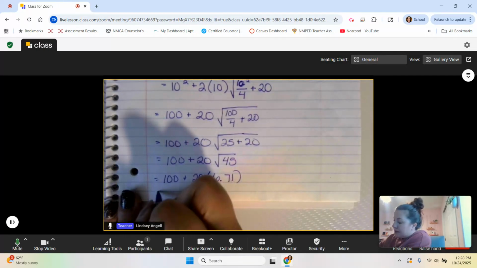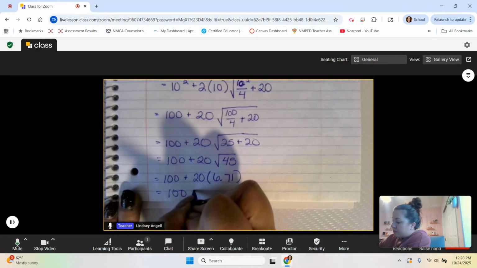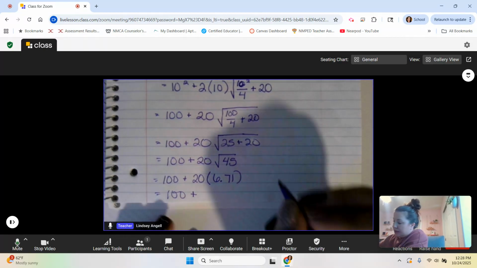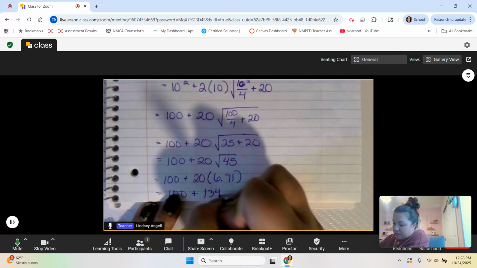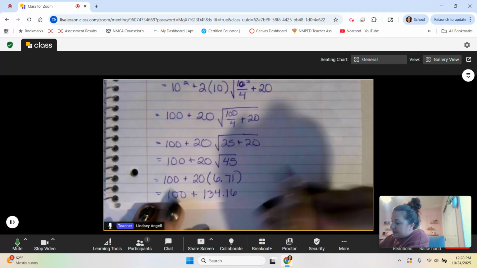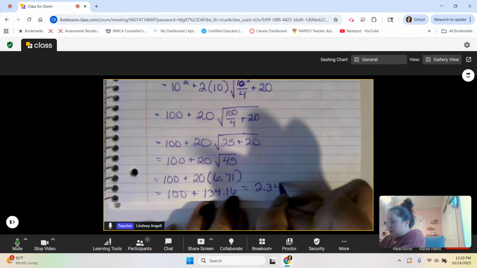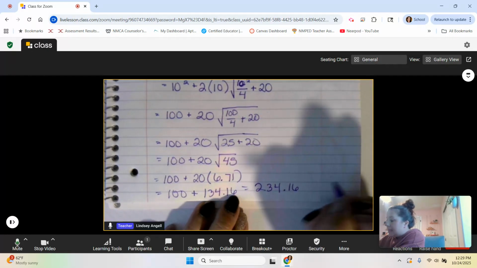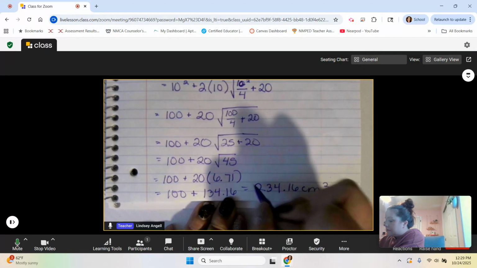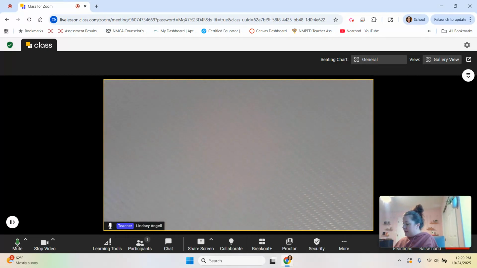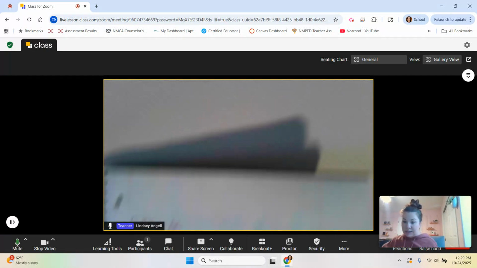And then I'm going to multiply that by 20. That gives me about 134.16. And then add those together, we get 234.16. And these, again, were centimeters squared. So it's just all about filling in that formula in order to get to the correct answer.